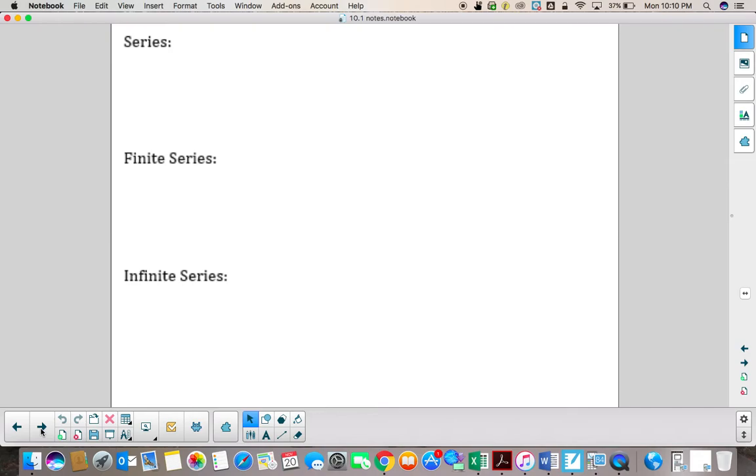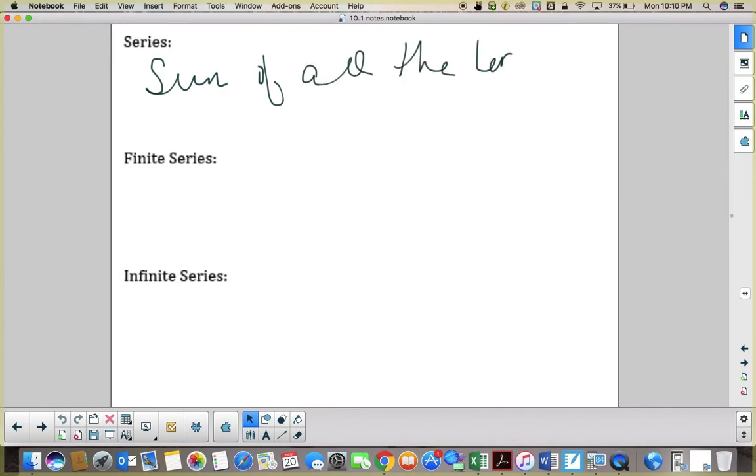Okay, so we've got series. Series are the sum of all the terms in a sequence. It's where you're adding up all your terms. You have finite versus infinite. Finite is where you have the sum of a set number.